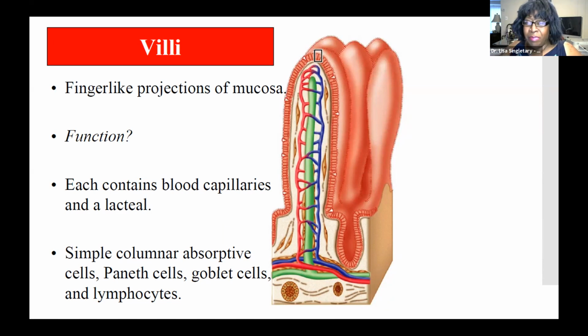All right. So, I do want to say one other thing about these lacteals, because they have one-way trap doors in.